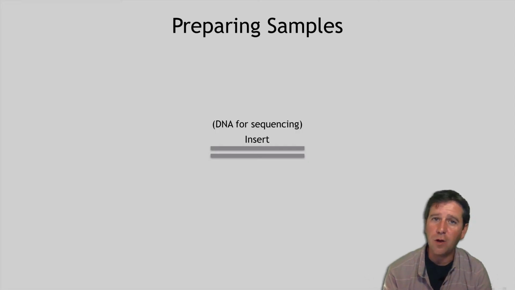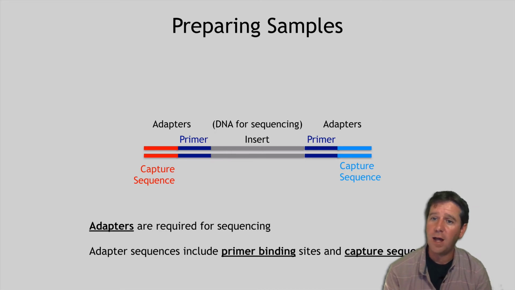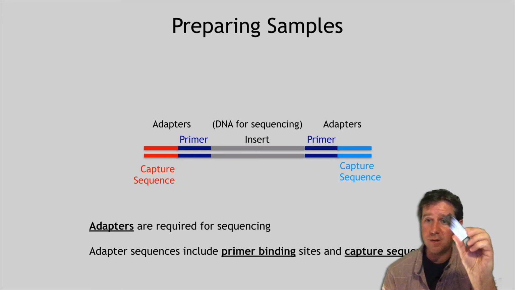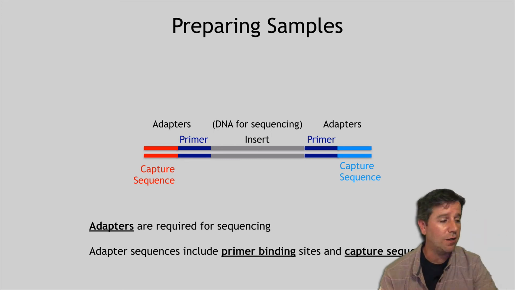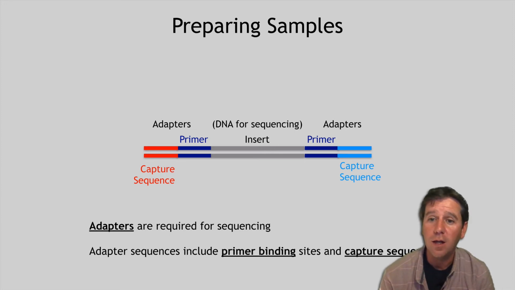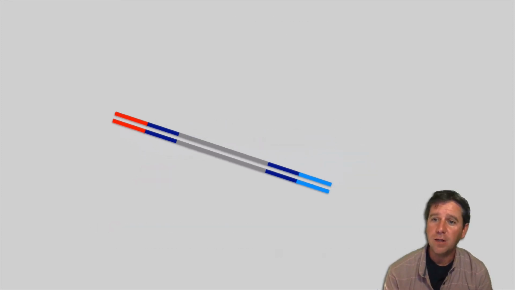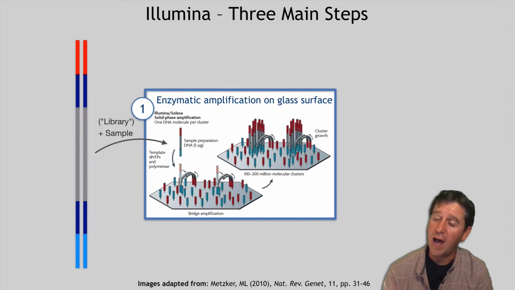Now, the idea with all of them, of course, is we have our DNA to be sequenced. We'll call that an insert in Illumina speak, and it has adapters added to it, specific sequences. These are both primer binding sites for the polymerase, of course, but also capture sequences that will allow your sample to stick to your flow cell and actually undergo the sequencing approach here. So this, what we call our library, when we've got all the adapters on, will be washed into your flow cell with these reagents.